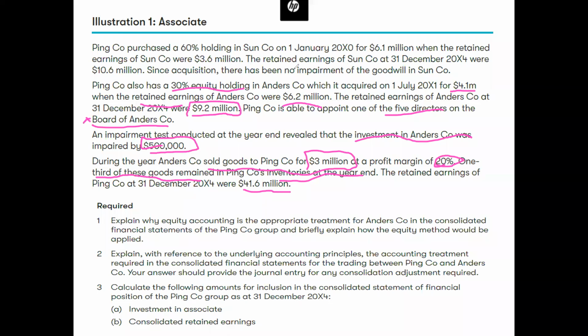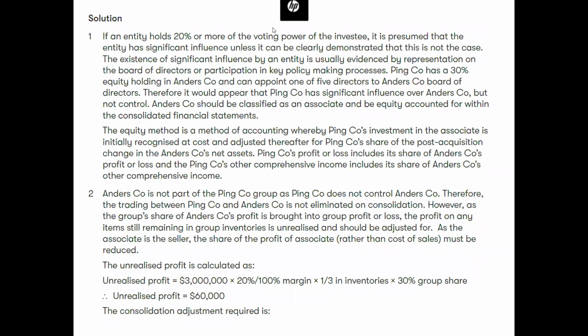Right? So let's have a look at that one first. And I'm just going to take out all the highlights so it doesn't affect what we see. So first of all, because I hold 20% or more, normally it shows that I have significant influence, unless I can clearly demonstrate that that's not the case.